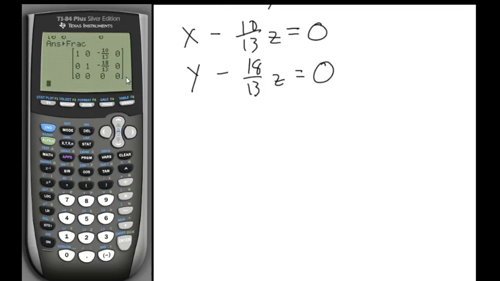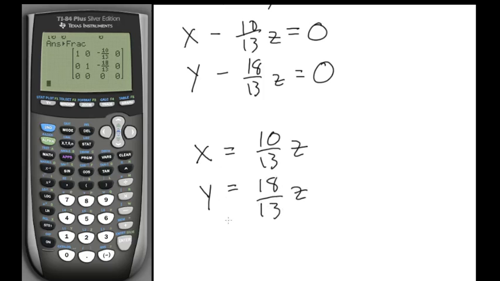Now we want to take each of these and solve in terms of z. For the first equation, we add 10/13 z to both sides, giving x equals 10/13 z. For the second equation, we add 18/13 z to both sides, giving y equals 18/13 z.